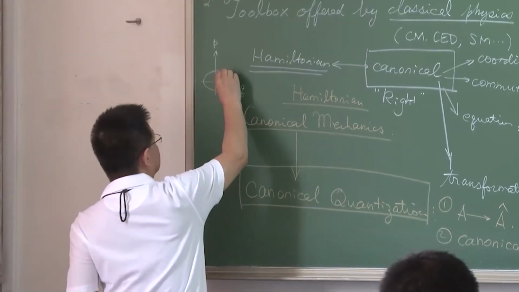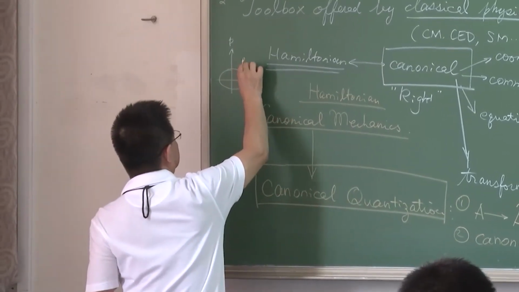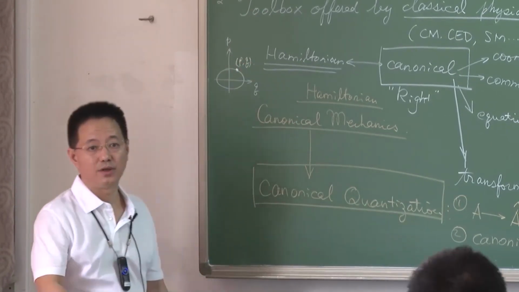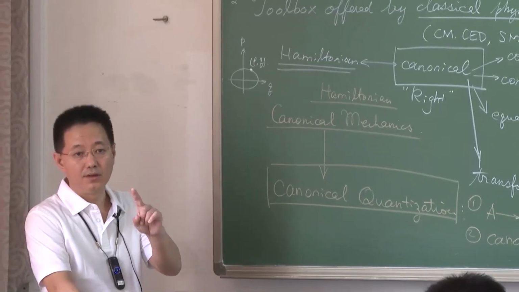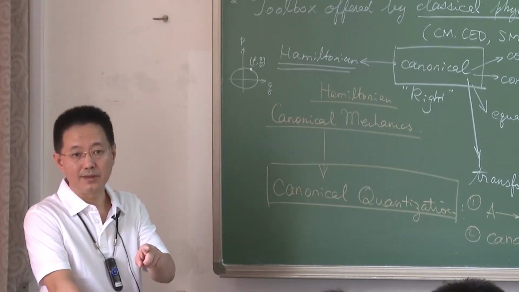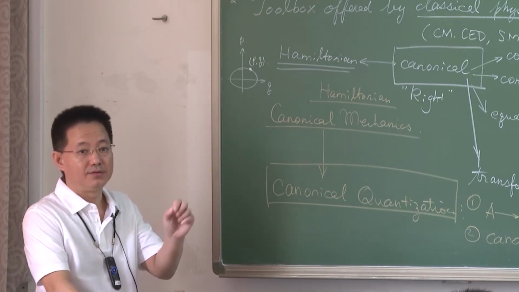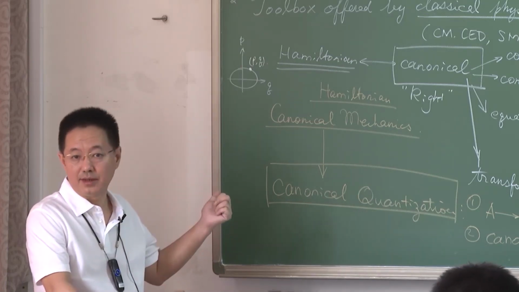That is the phase space. And each point is called the phase point. We have studied the Liouville theorem. Do you remember that? We have the concept of the phase space and the phase point in this space.